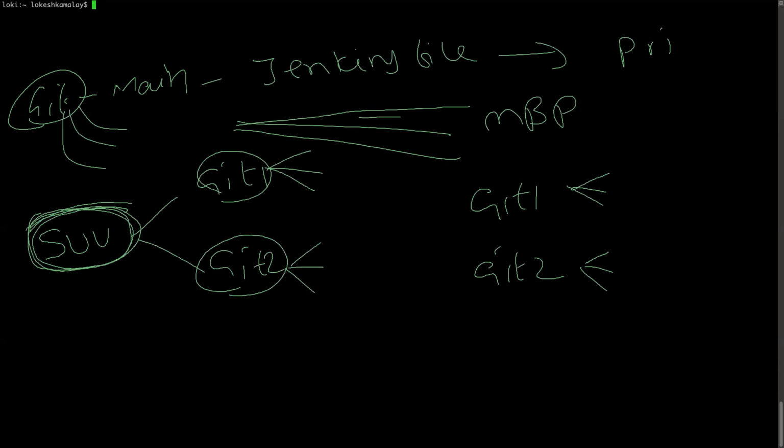Next time, if a new repo gets created here, Git 3, and this also has a Jenkins file, then it will automatically create another multi-branch pipeline and the corresponding job here. Multi-branch pipeline works on a repo: whenever a new branch or a new PR is created, and that PR has a Jenkins file, the corresponding job will be created.